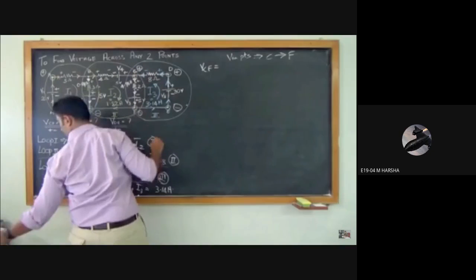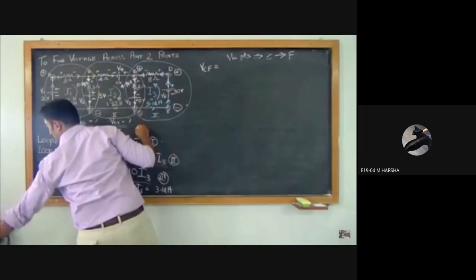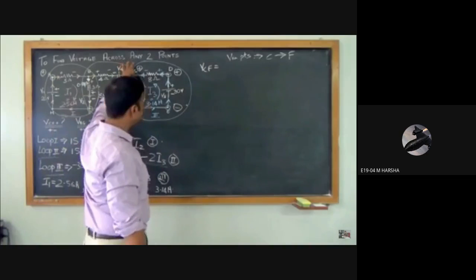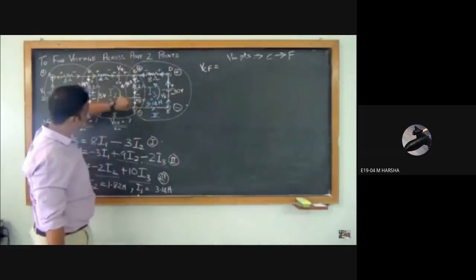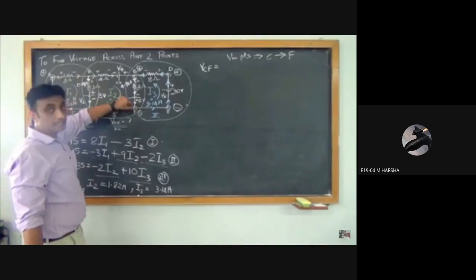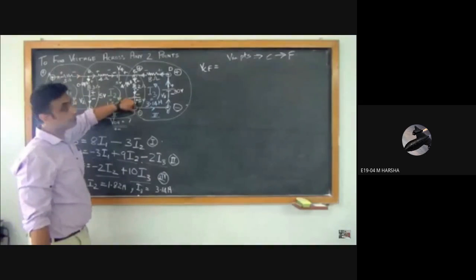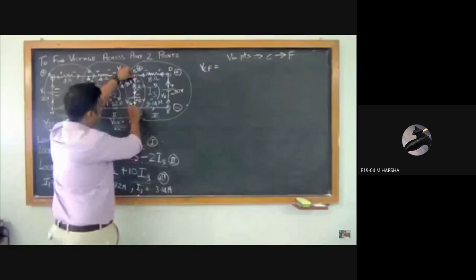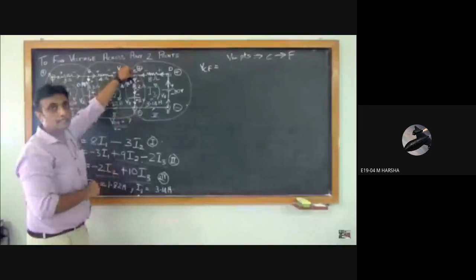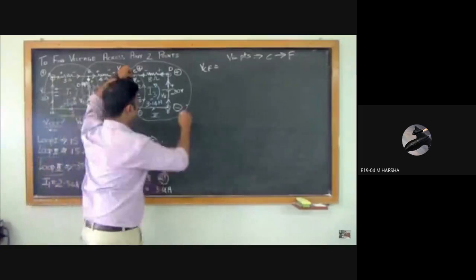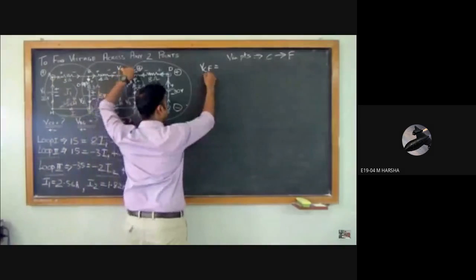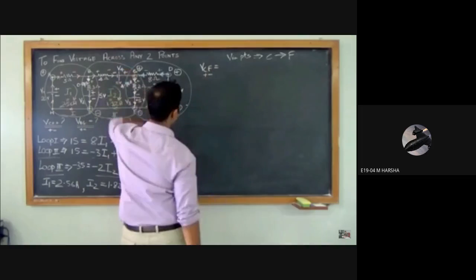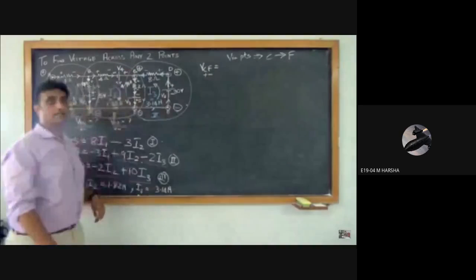the first terminal of your multimeter will be connected to your positive terminal, and the second terminal of your multimeter will be connected to your negative terminal. So your red terminal will be connected here, and your black terminal will be connected here. So C will always be positive by default, and F will always be negative by default.